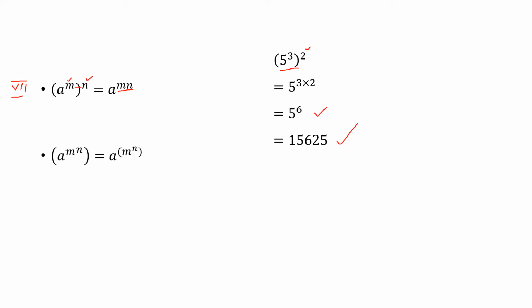Another rule, you see, this may be rule 8, I think. So we have a base and it has an exponent, but you see the exponent also has one base, which is m, and exponent n. So what we can do, a is the base and the exponent is split into another number, which is m to the power n.